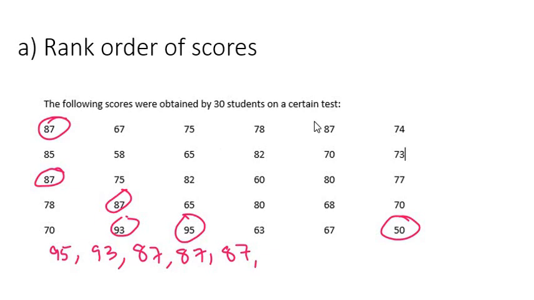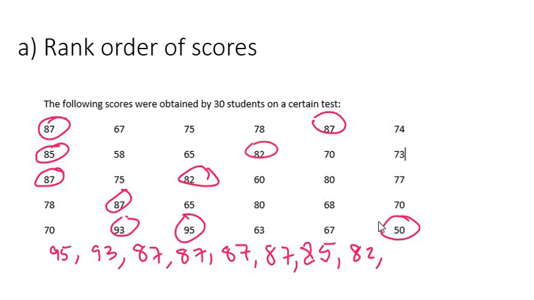And then we have another one here. What's next? We have 85 afterwards. We don't have any 86. What about 84? 83? 82? I can see that we have 2 of them, and so forth.